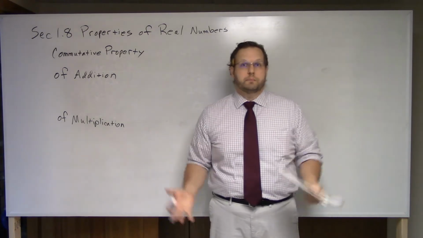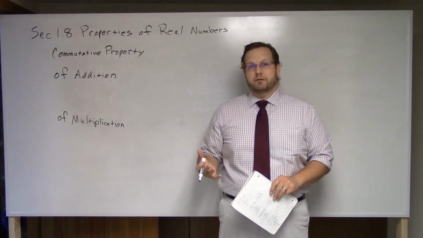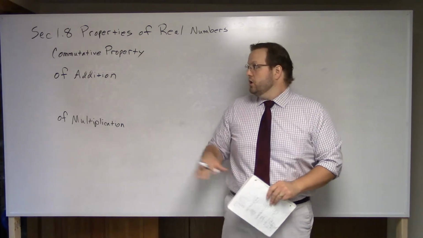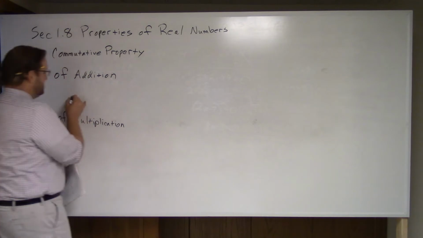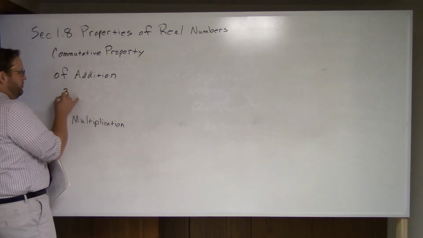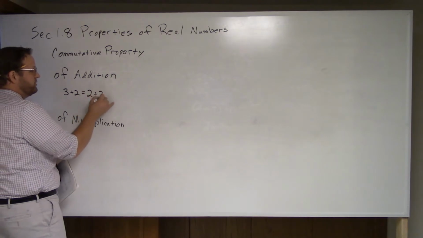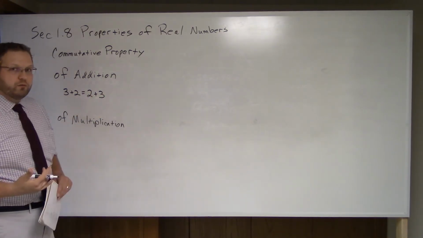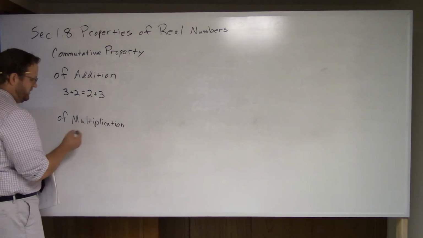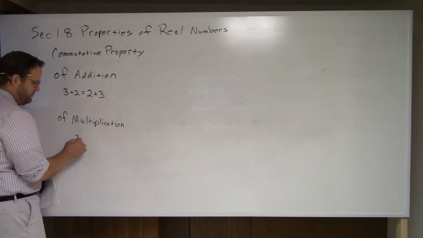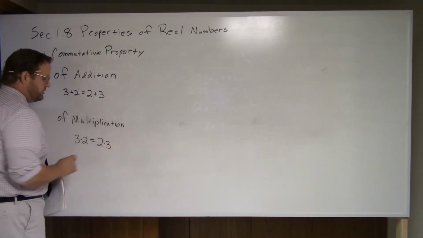Now, first of all, what does it mean to be commutative? Commutative means that the order does not matter when we do the calculation. So when we deal with commutative property of addition, that tells us that if we were adding 3 plus 2, that's the same thing as 2 plus 3. The order in which we add those does not matter. Same thing with multiplication. If we had 3 times 2, that would be the same as 2 times 3.